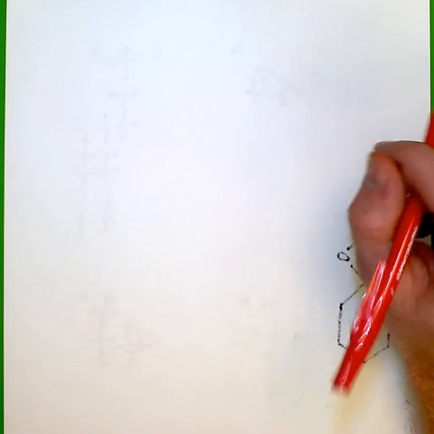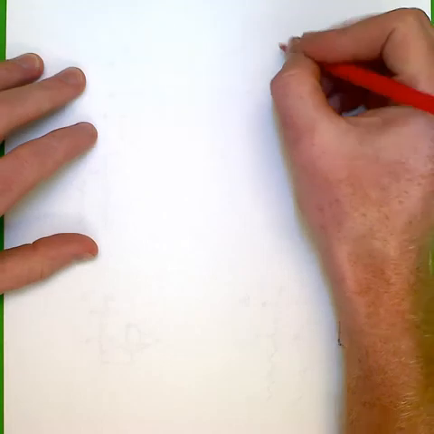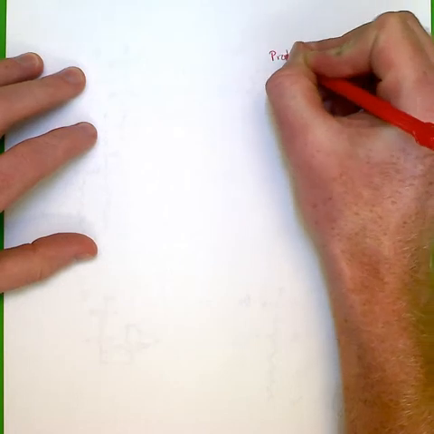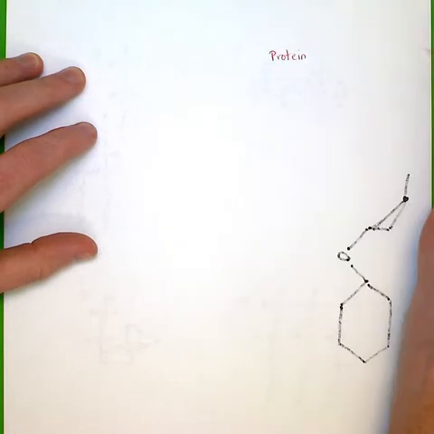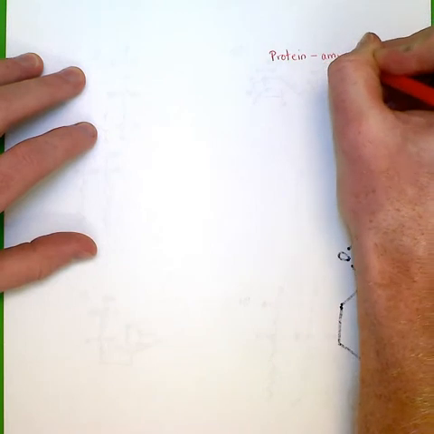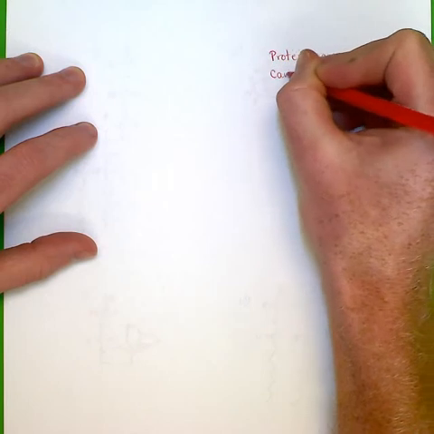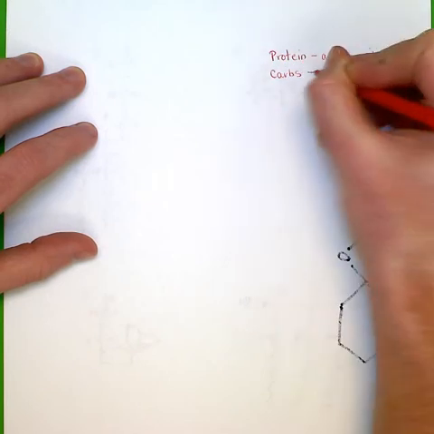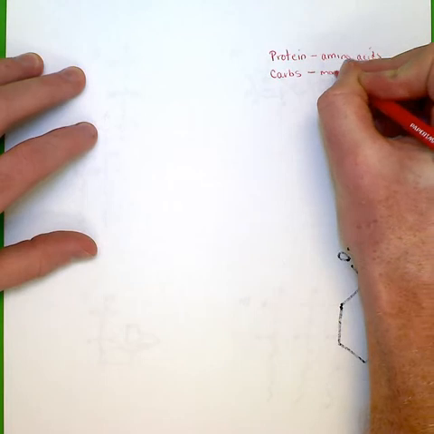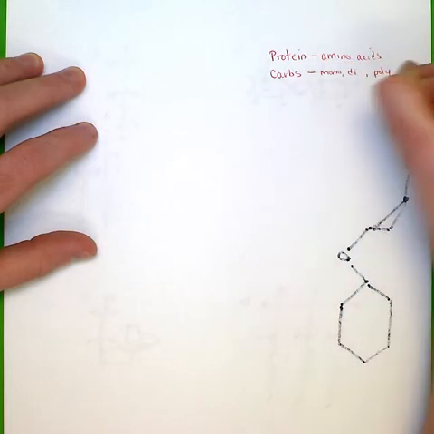Now let's start by writing out our macromolecules. Protein, which is made up of amino acids. Carbs, which we find as mono, di, or polysaccharides.